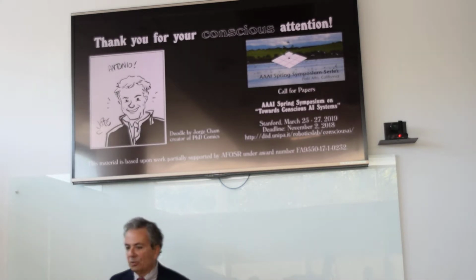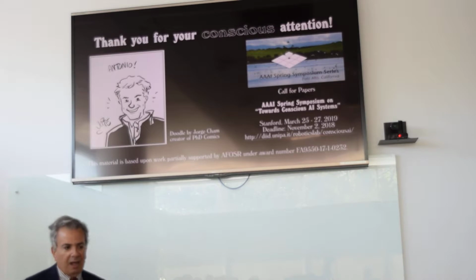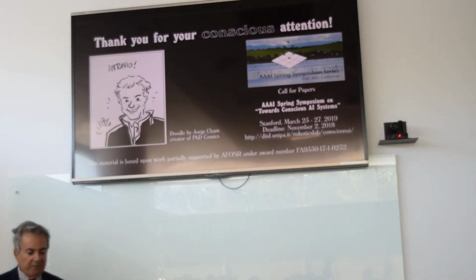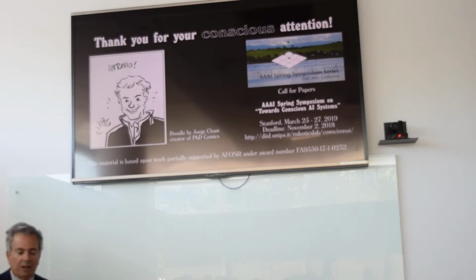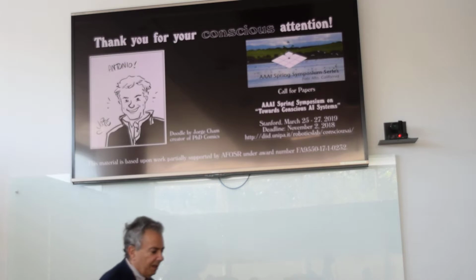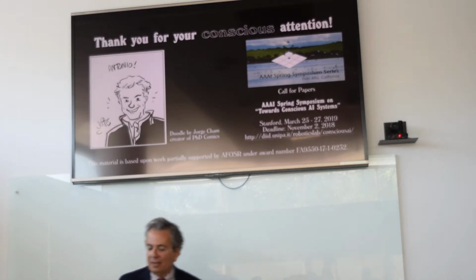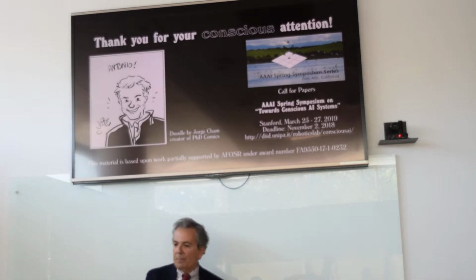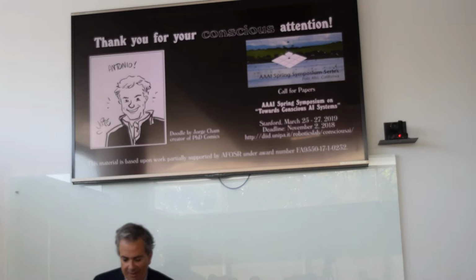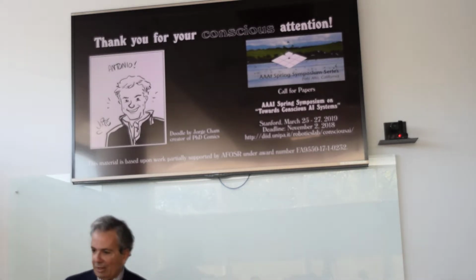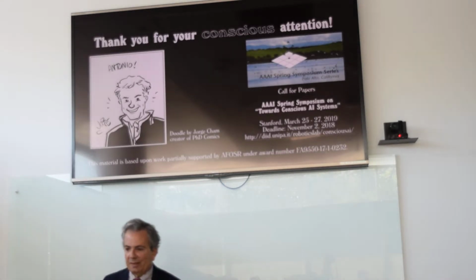symbolic part. I'm very interested, for example, in investigating the role of NARS in this part. So instead of the typical KL-ONE system, the typical knowledge representation system, maybe a more flexible system like NARS could be more useful for us.